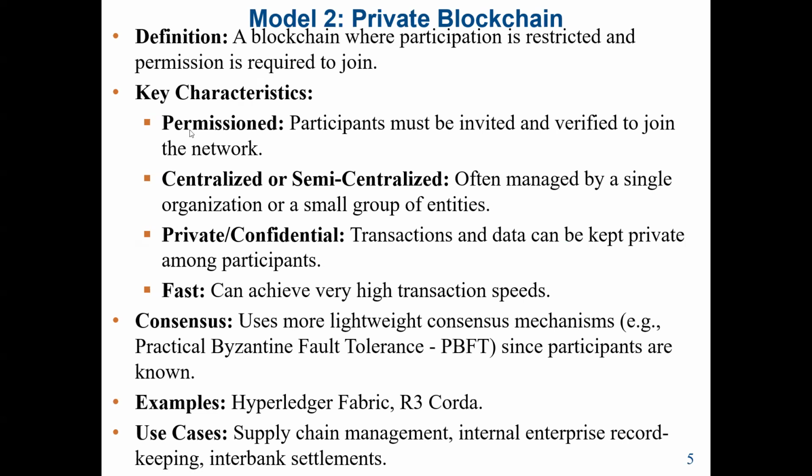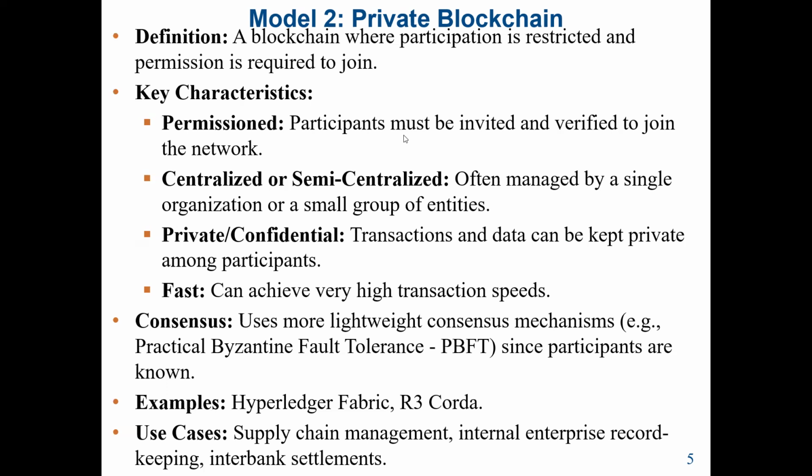Participants must be invited and verified to join the network. The definition is a blockchain where participation is restricted and permission is required to join. So let's look at the key characteristics, comparing with the public blockchain. First, permission. We remember the public blockchain is permissionless.